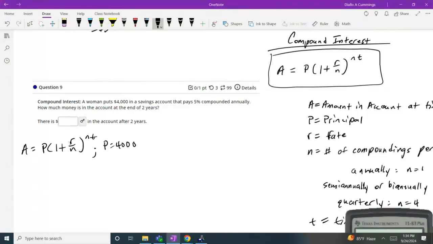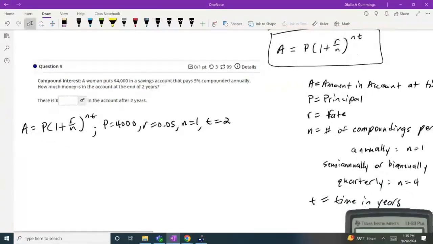P is going to equal 4,000. Our interest rate is 5%, compounded annually, so N is going to equal 1. And the time is 2 years.